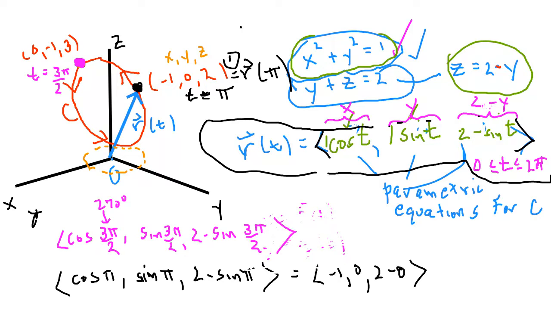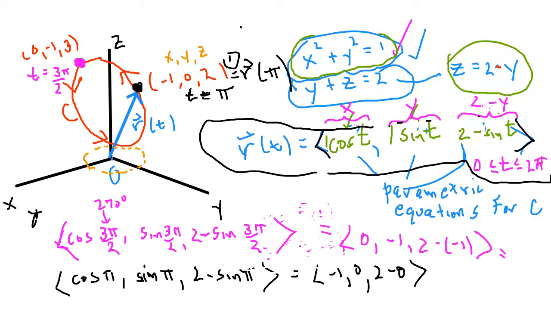Well, the cosine of 270 degrees is 0. The sine of 270 degrees is -1. And we got 2 minus -1, because the sine of 3 pi over 2 is -1.